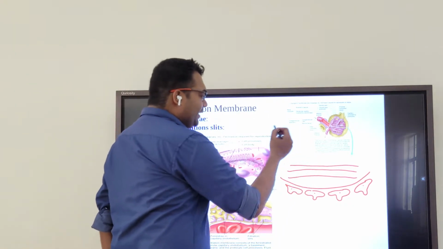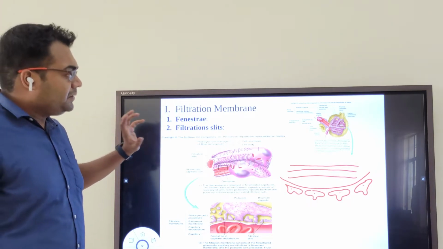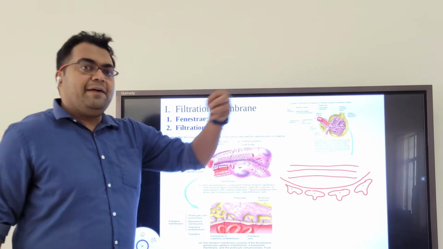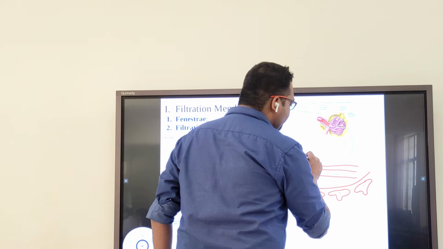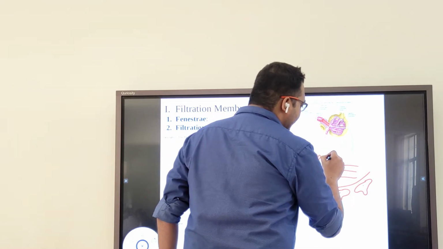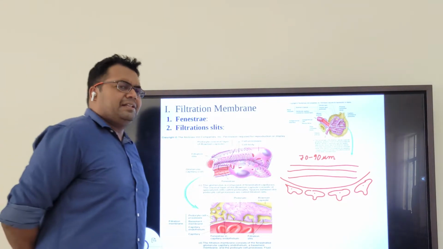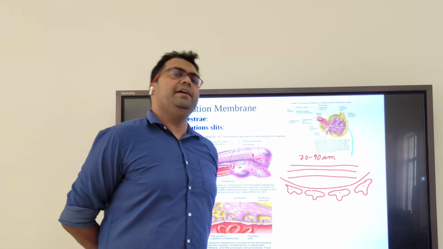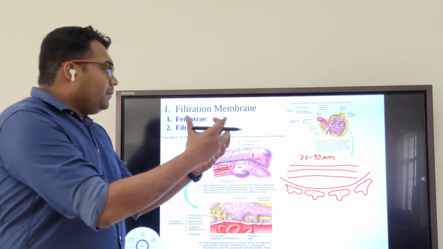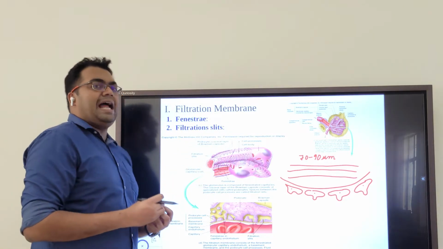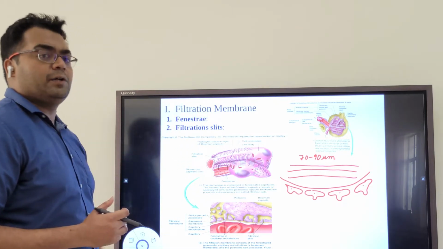First of all, these capillaries are fenestrated, as we have seen in the previous slide. Now, what is the diameter of the fenestra or the holes? It is 70 to 90 nanometer. Not a single cell can pass through this diameter, but albumin can, which is the maximally rich protein in the blood. Albumin, globulin, fibrinogen. Albumin is the smallest and is present in maximum amount.